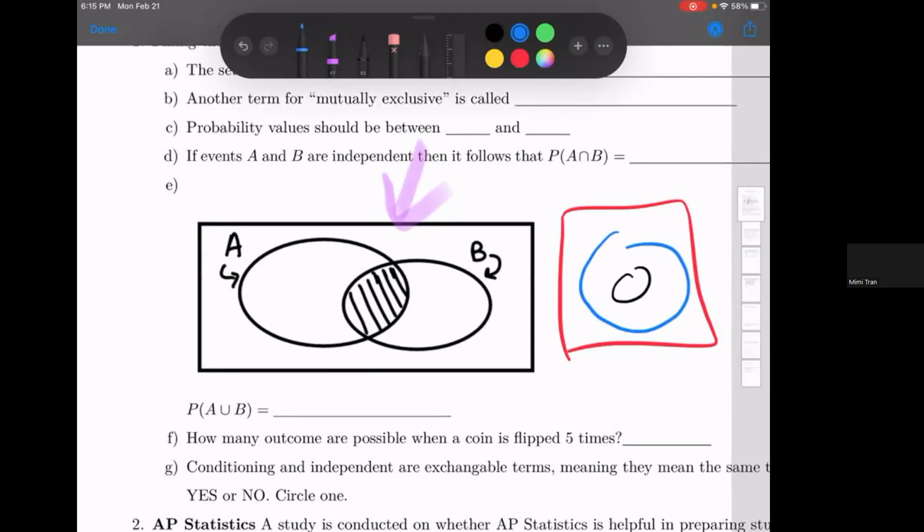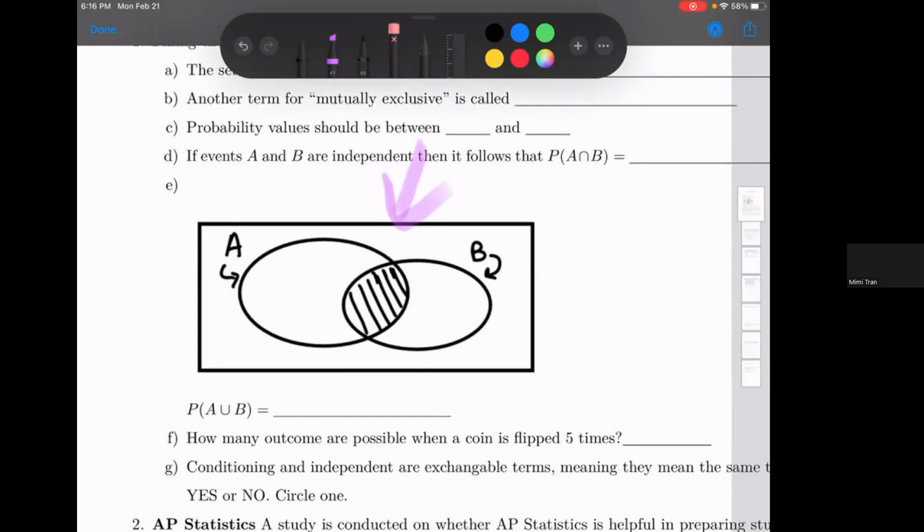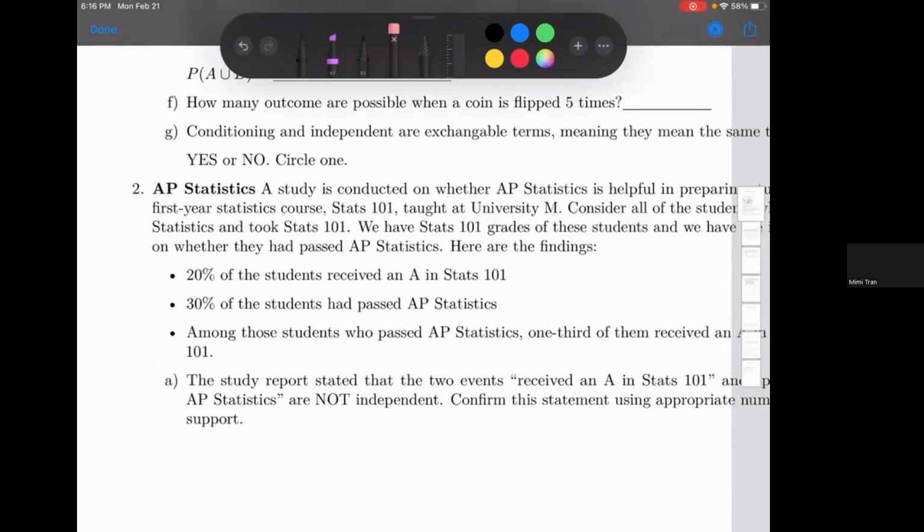So blue is B, black is A. And I can ask you what's P of A or B, or I can ask you what is P of A and B. Make sure you understand those.